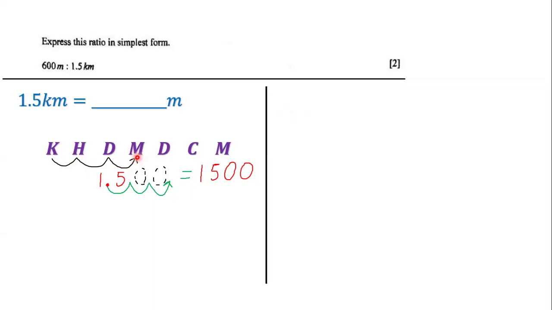Okay. So what I'm saying is that we put a 0 for each time we move over. We move over 3 times, so a 0 for each time we move, and we just put a 1 in front of it. That's why it's 1,000.